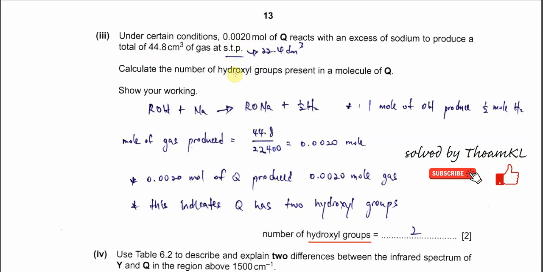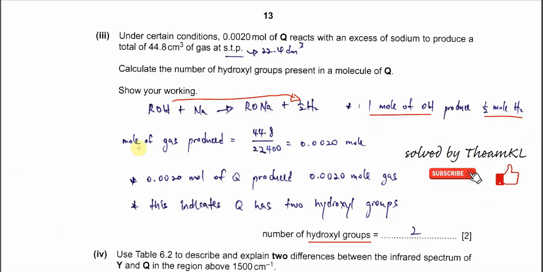Calculate the number of hydroxyl groups in the molecule of Q. First, of course, you need to know if there is one hydroxyl group, meaning one OH group, when it reacts with sodium, it will form half a mole of hydrogen. That's a comparison. So 1 mole of OH will produce half a mole of H2.